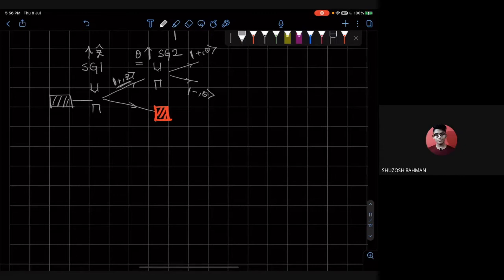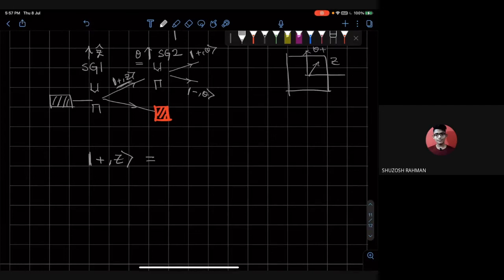Remember that this beam can be expressed in terms of a different basis. If this is my Z direction, and if this is my theta plus direction, then we did the analysis.